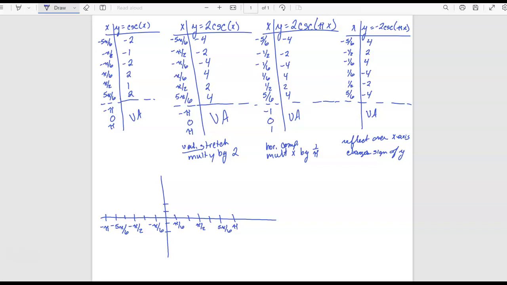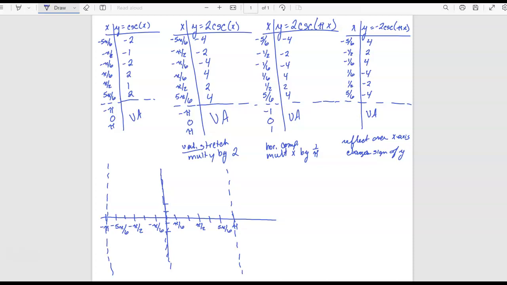All right, so I'm going to start with that parent function here. So let's start with the asymptotes. We have an asymptote here. We have one along the y-axis here, and then we have one here.